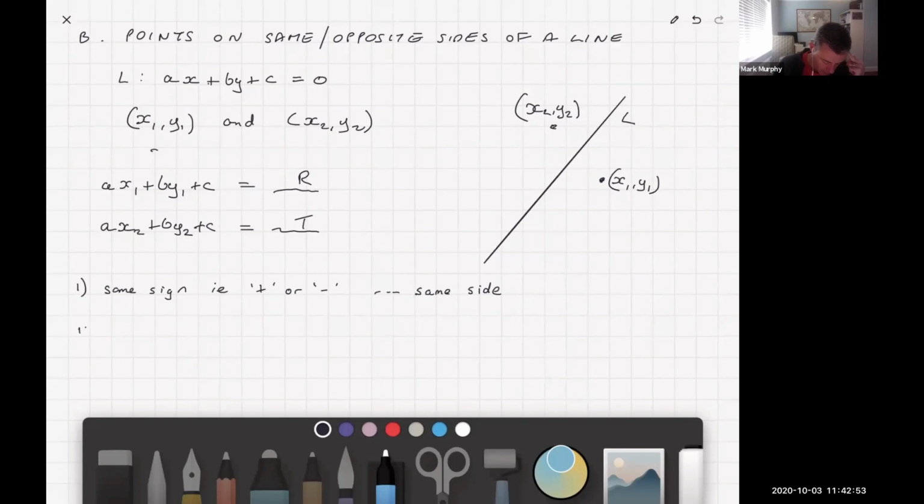Second case, if they're equal to 0, say if you plug x1 into the first formula here, right? And then r is equal to 0, or t is equal to 0, then that means that this point and this point are on the line.